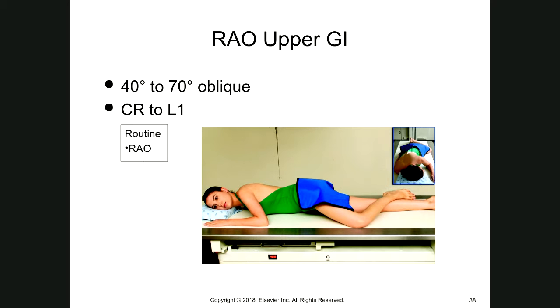Again, the degree of rotation, 40 to 70, has to do with getting the anatomy in the correct position. Typically, if it's a hypersthenic patient, it requires more rotation. A sthenic patient, less rotation. As far as centering, you're still centering to the level of L1, and this is found midway between the spine and the upside lateral border of the abdomen.